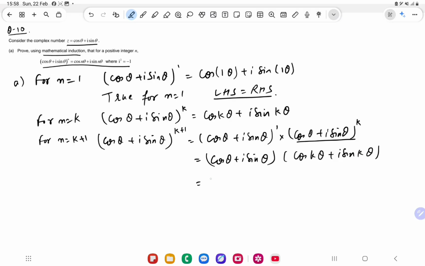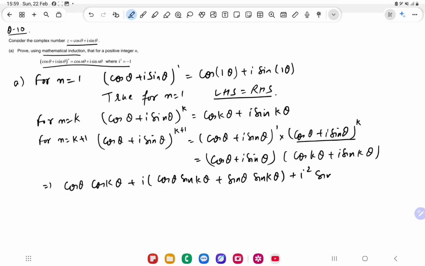Now I can open the bracket. I will open the bracket from here. Cos theta cos k theta plus i cos theta sin k theta plus i sin theta cos k theta plus i squared sin theta sin k theta, where i squared value is minus 1.